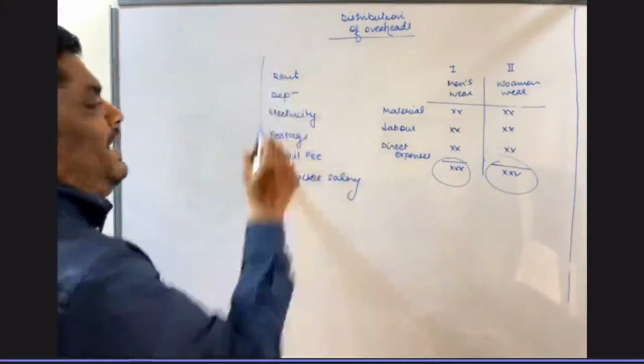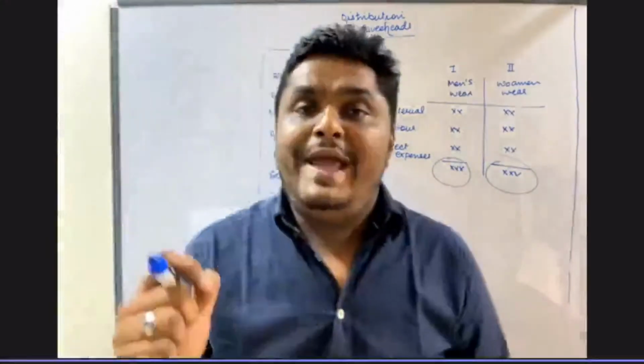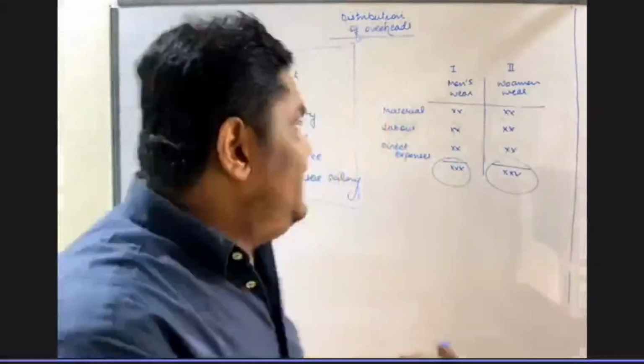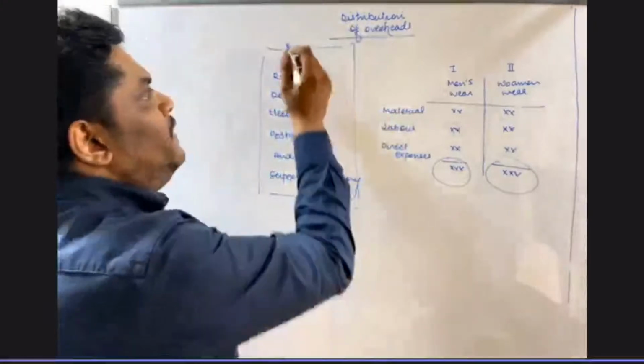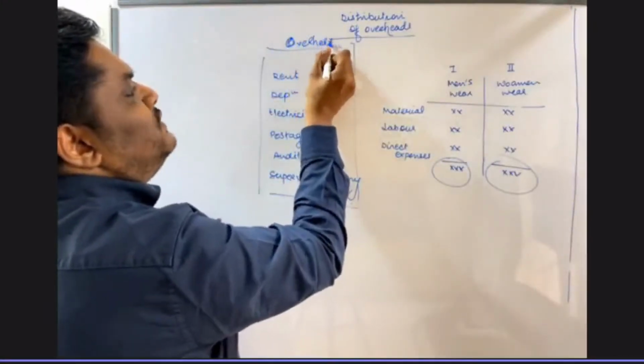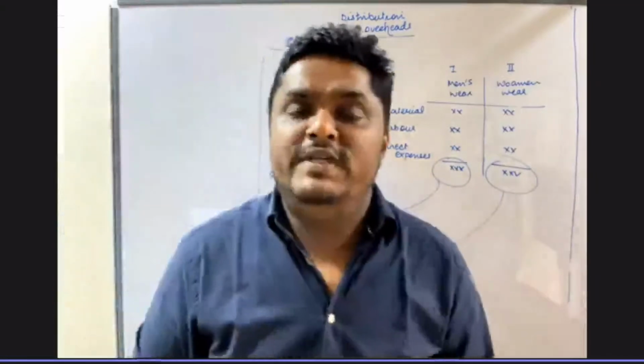So there are n number of expenditures which are incurred as a whole. So to calculate the total cost of these products, what we have to do? We have to charge these costs. We call them as overheads. We have to charge these overheads to these two products to calculate the total cost of these products.